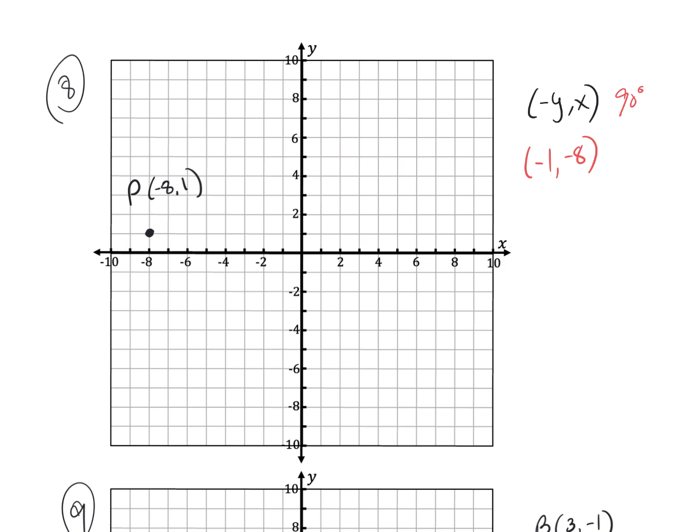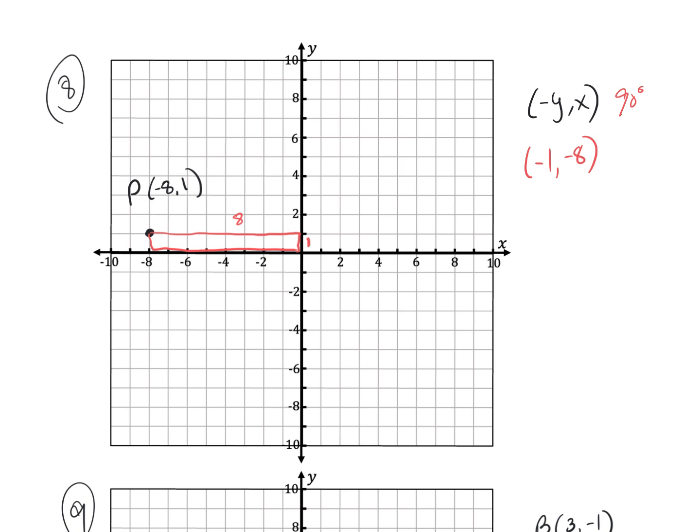But if you have not memorized that rule, remember we're going to draw our rectangle to the origin. And you'll notice that I have a height of 1 and a width of 8.